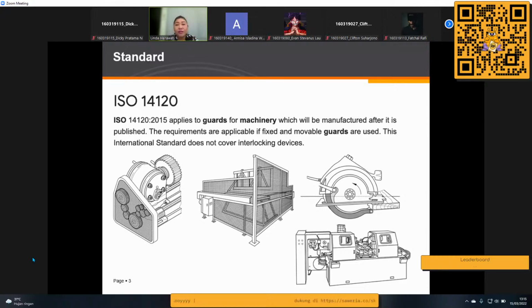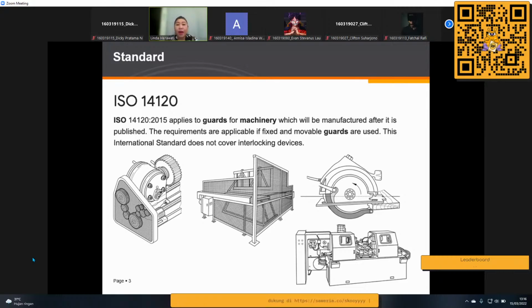So after a machine design is published by a company and then manufactured, this ISO sets the standard about how to create the guards or safety system for the machine. All the requirements are applicable if fixed and movable guards are used.